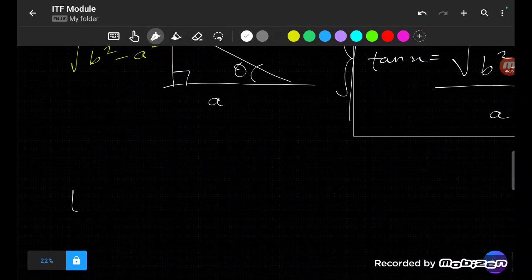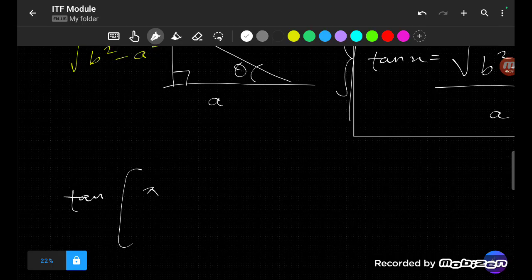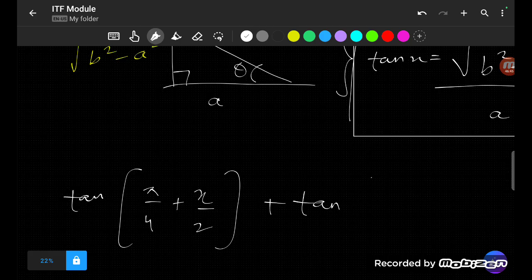So this will become tan of pi by 4 plus x by 2 plus tan of pi by 4 minus x by 2.